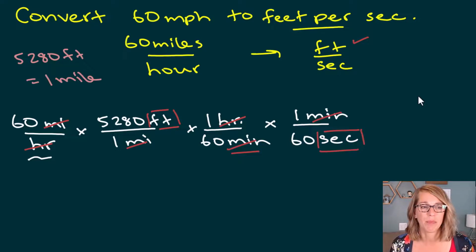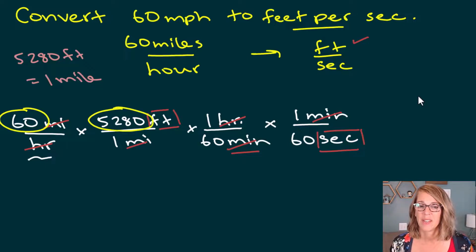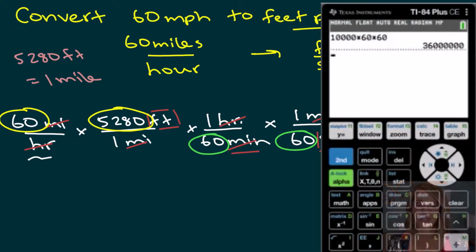So what I need to multiply in the numerator is a 60 and a 5,280. In my denominator, I need to multiply a 60 times a 60. Let me do that in my calculator, and I'm going to do this with parentheses. So I've got parentheses 60 times 5,280. You could also cancel that 60, right?